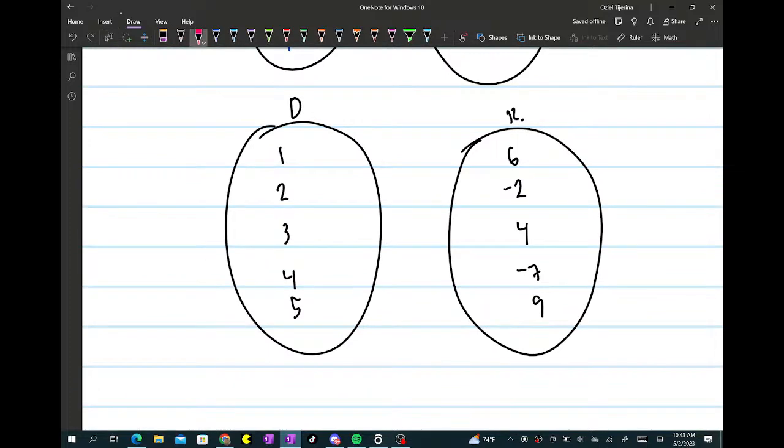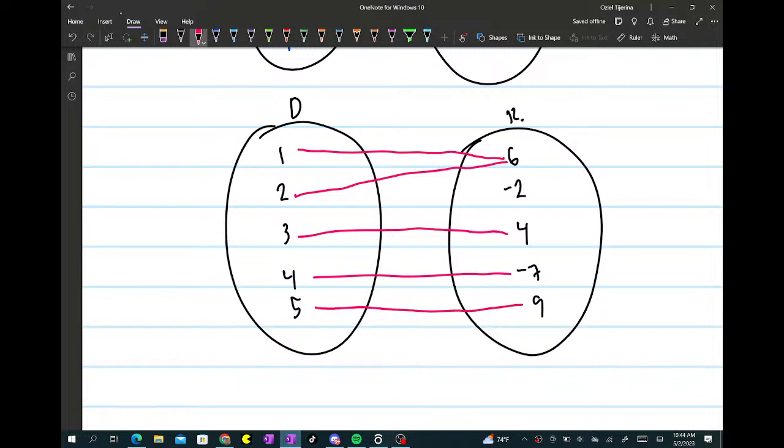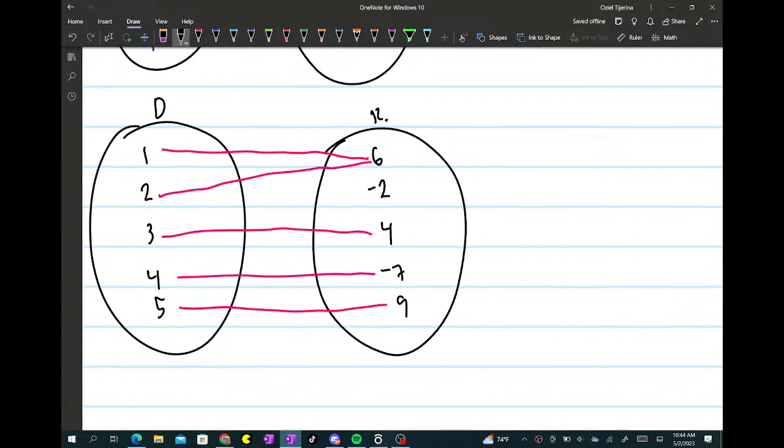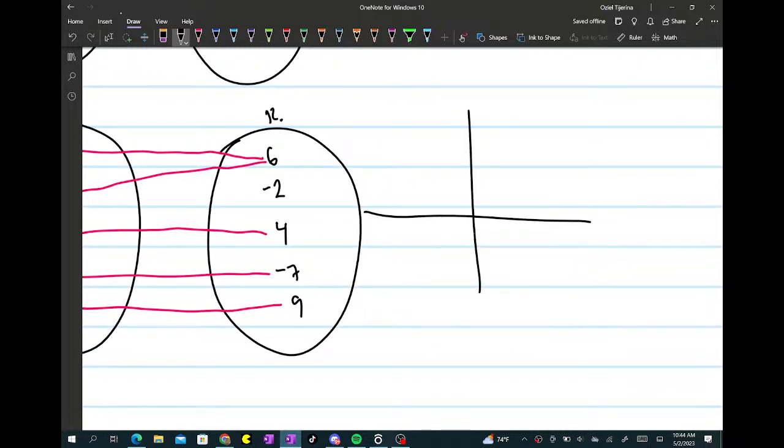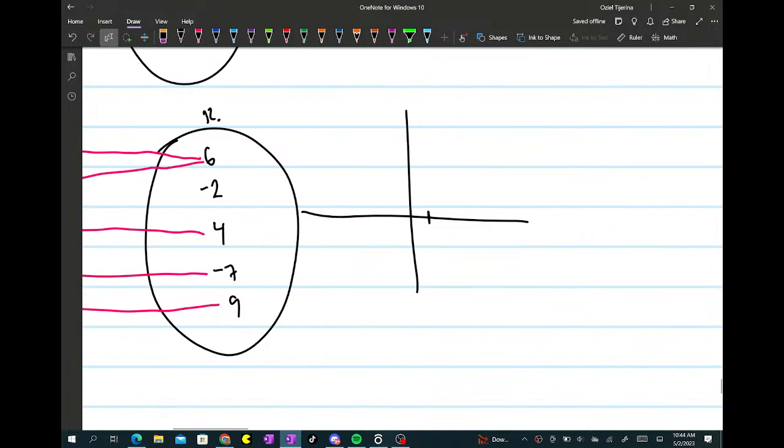And let's say that one of the x inputs, basically 1 goes to 6, and then let's say 2 also goes to 6. This is still considered a function because an x value can't have 2 y values, but a y value can have 2 x values, excuse me.